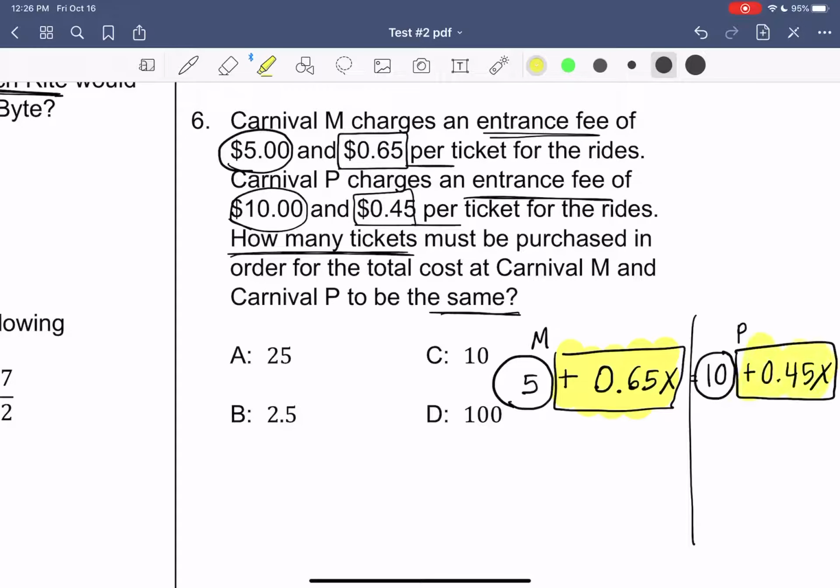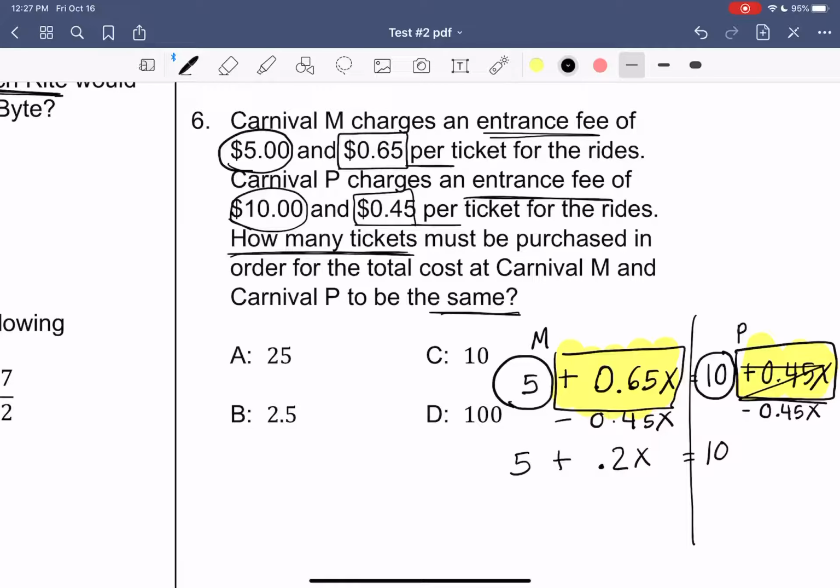Variables, we're going to look for our least coefficient, so 0.45 is less than, so I'm going to subtract that from both sides. On the right, that will become 0. And then on the left side, we'll be left with 5. And then 0.65 minus 0.45 will be a positive 0.2x. And on the right, we'll have 10.